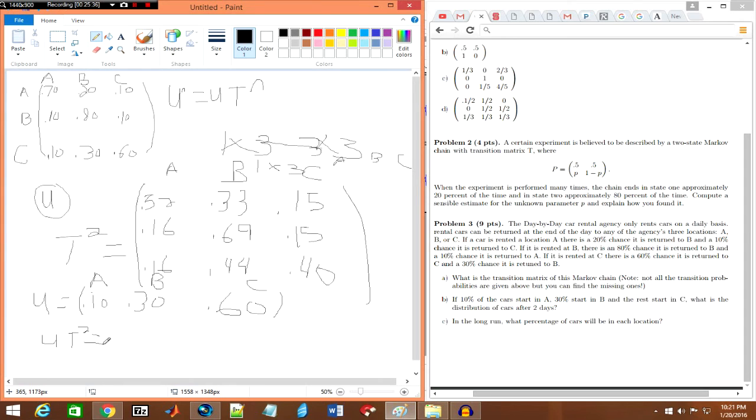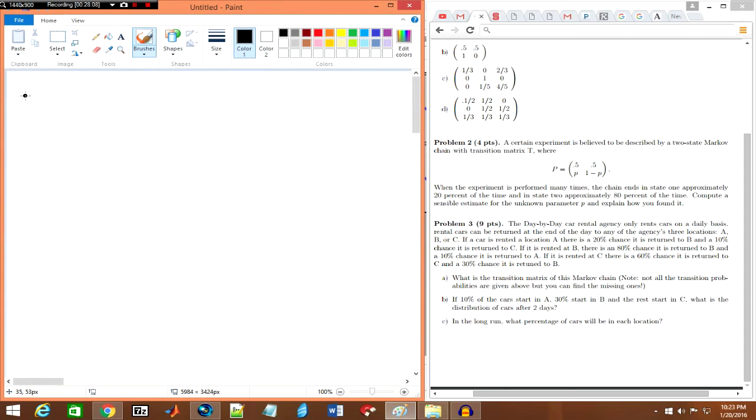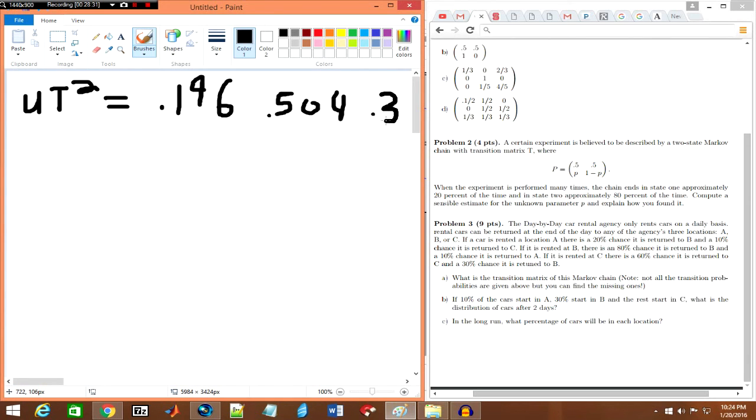So anyways, U T squared is equal to 0.196, 0.504, and 0.3.